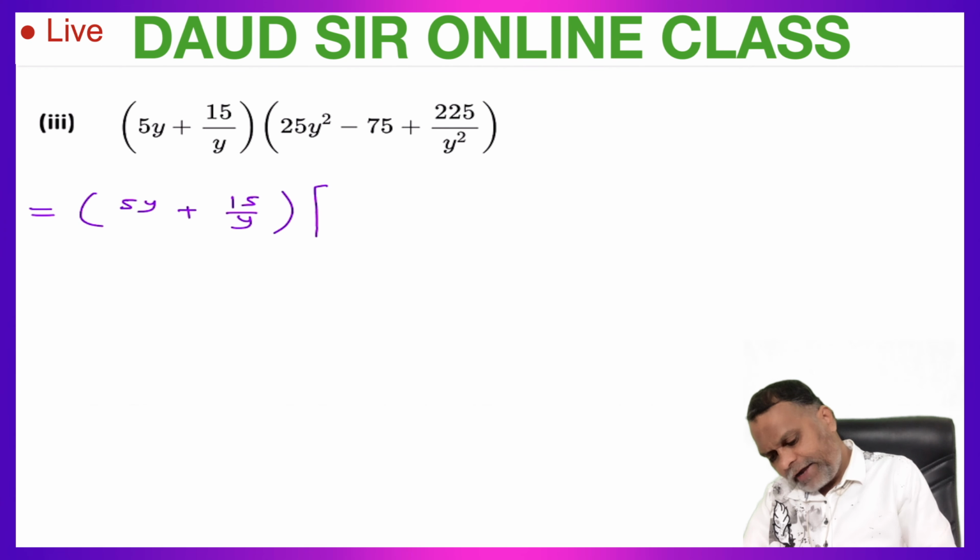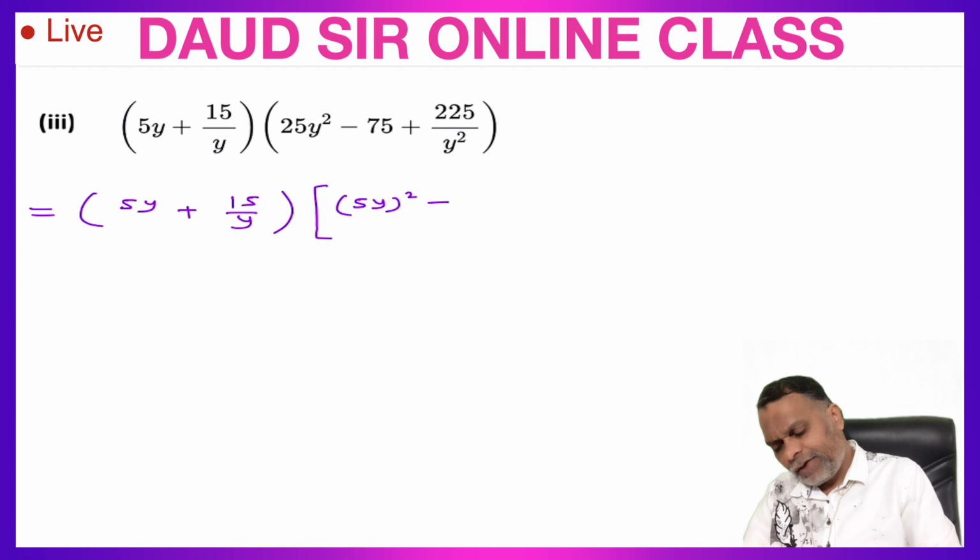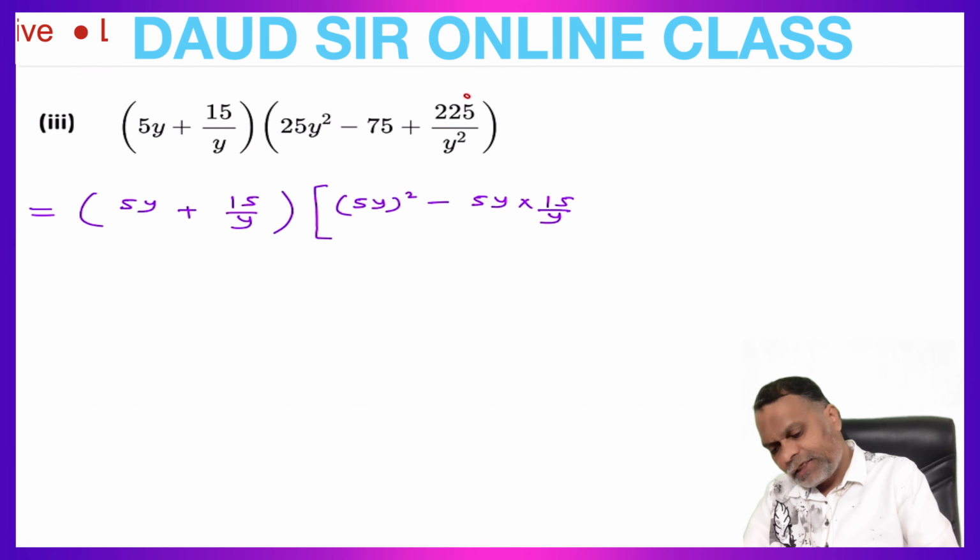In second bracket, this 25y square can be written 5y whole square minus this 75 can be written 5y into 15 upon y. This y will be cancelled, 15 5s are 75, and plus 225 upon y square can be written 15 upon y whole square.